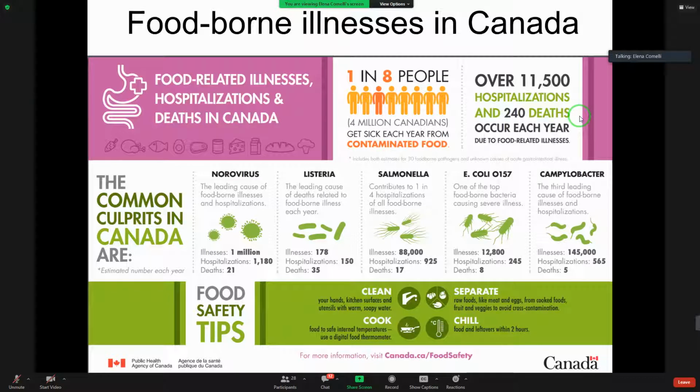Listeria, which is the leading cause of deaths related to foodborne illness every year. Salmonella, which contributes to 1 in 4 hospitalizations among all of the foodborne illnesses. E. coli O157, which is one of the top foodborne bacteria causing severe illness, which can be accompanied by the long-term hemolytic uremic syndrome mentioned earlier. And Campylobacter, which is the 3rd leading cause of foodborne illness and hospitalizations.